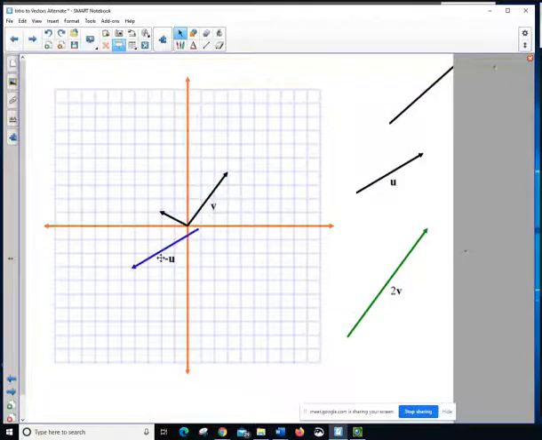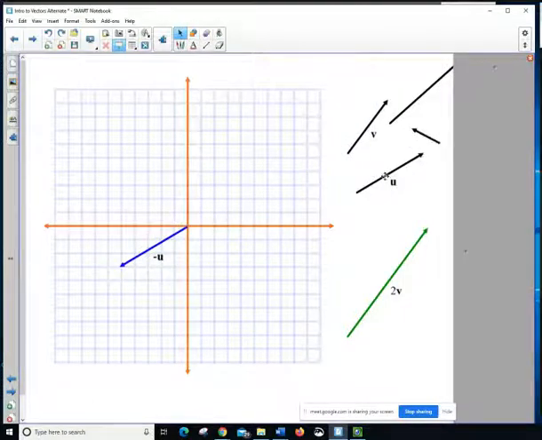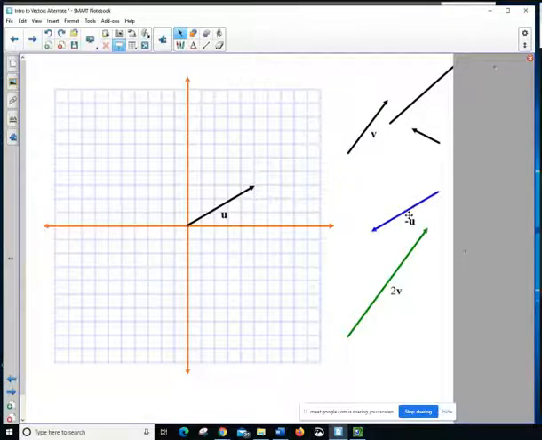When you want to find the opposite of a vector, it's just about finding the opposite of the individual components. Okay, well, let's do the last one that was on our list.